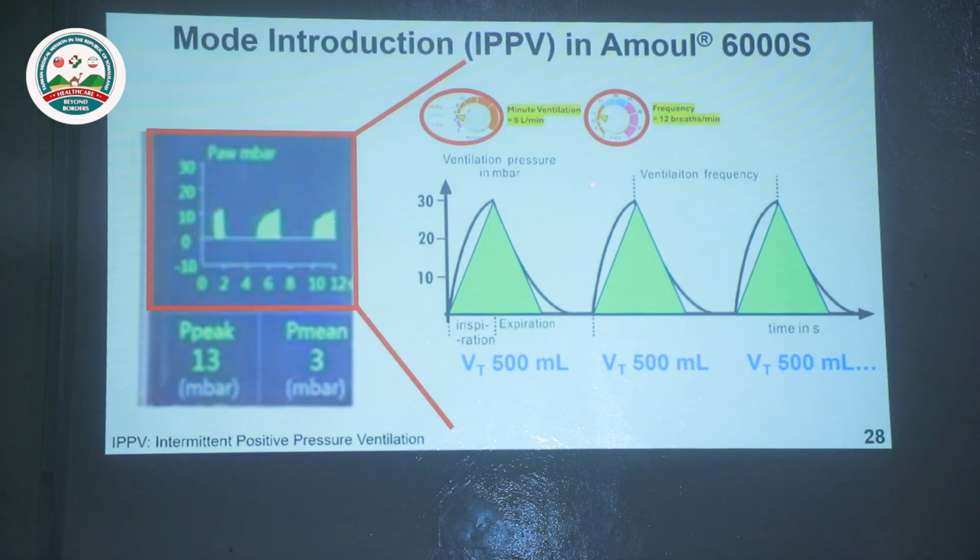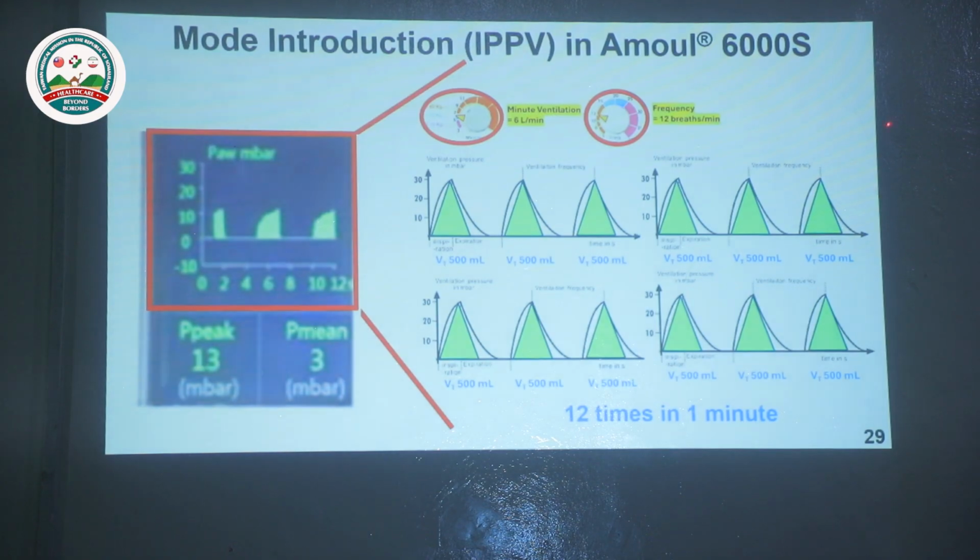If we set the minute ventilation around 6 liters per minute, frequency around 12 breaths per minute, from the scale we can see 3 green triangles over here. So it means that the ventilator has already delivered 3 breaths.